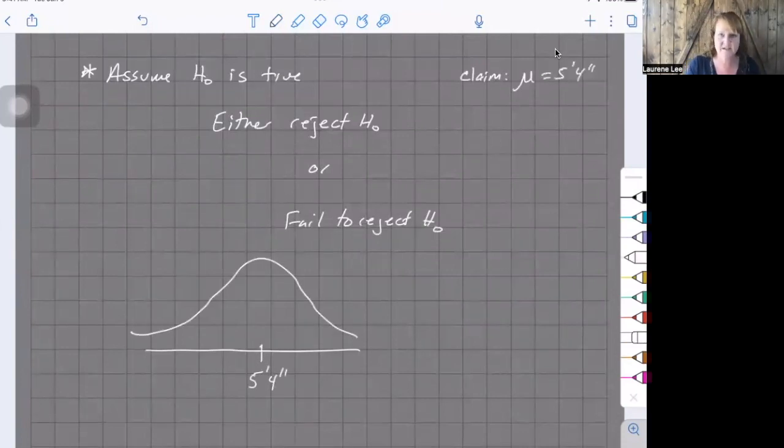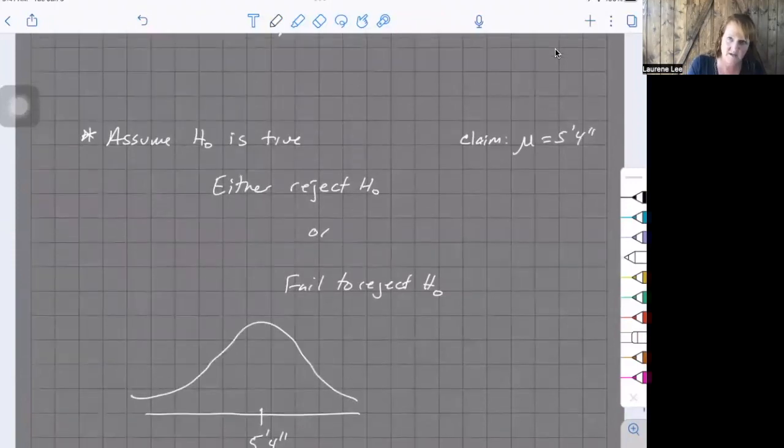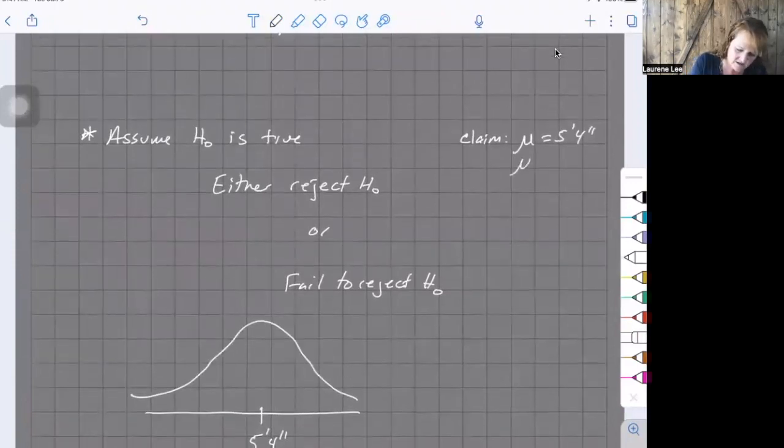So the opposite of that claim is going to be that the mean height is not equal to 5 feet 4 inches. So this first one's going to be my H naught. The second one's going to be HA. This first one's H naught because it has the equal sign in it.